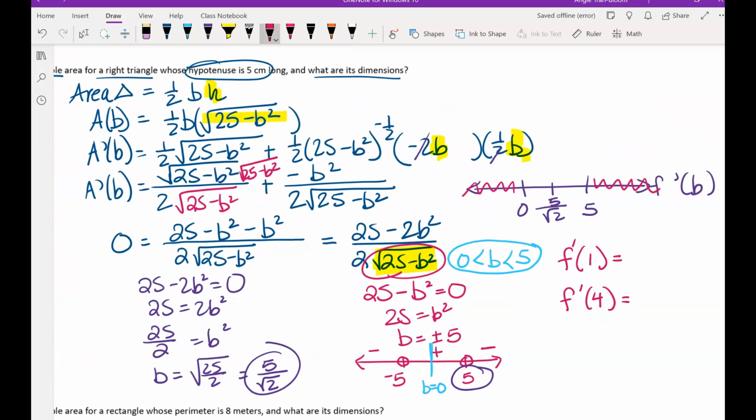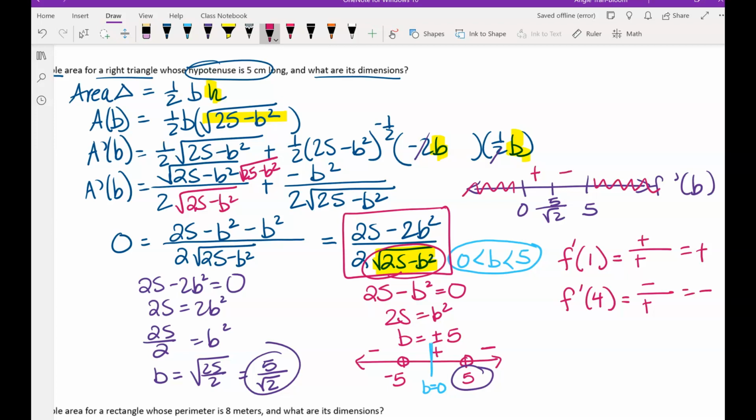On the top, when I pick 1, that would be positive, and on the bottom, it would also be positive, so that is positive. Now, when I picked 4, 4 squared is 16 times 2, 25 minus 32, that's negative on the top. On the bottom, that's going to be positive, so now this is negative.